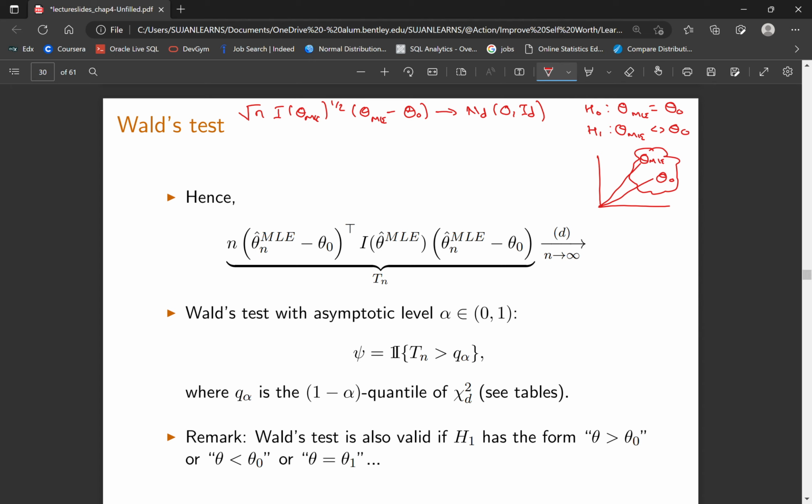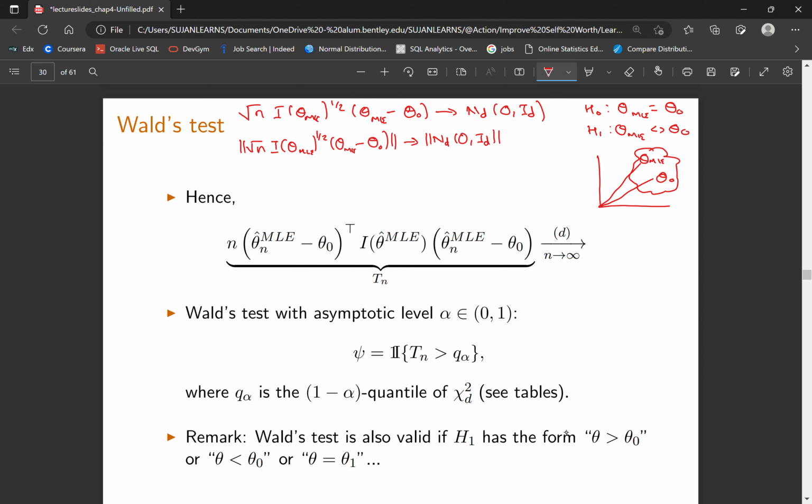What we want to do is start with the square distance. Let's take the L2 norm first. The first thing is to take the L2 norm of this, that is square root of n times I of theta MLE to the half, times theta MLE minus theta naught.